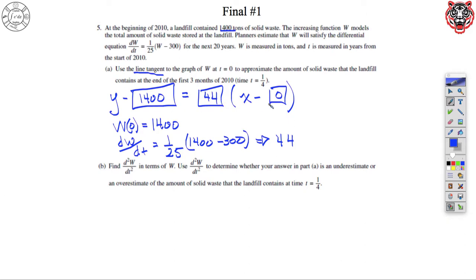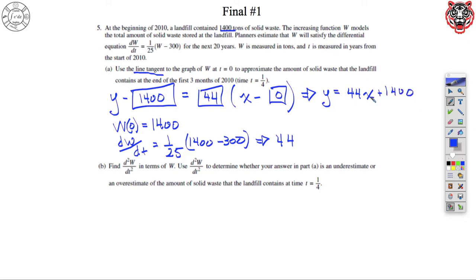So that part was pretty hard to get to this point. And then once you get there, you should be able to find what happens when you plug in t equals 1/4. I want to simplify this equation a little bit more. So this equation is going to turn into y is equal to 44x plus 1,400. It's a little bit easier to see this way.